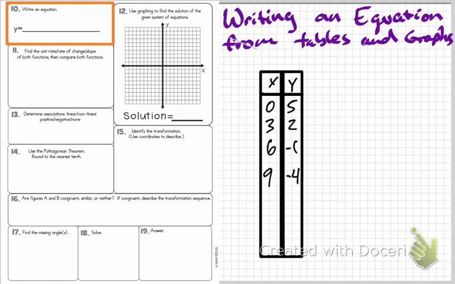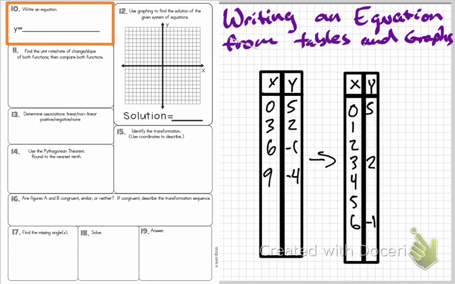If you ever see this happen, you might want to create an additional table, and I'm just going to expand this table out where I can put those missing values in. So 0, 1, 2, and then put that 3 value in, and then 4, 5, and then put the 6 value in. We can essentially fill out a new table so that we can find the value that y is changing by for every one of x.